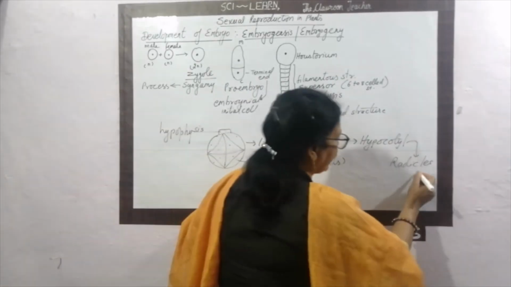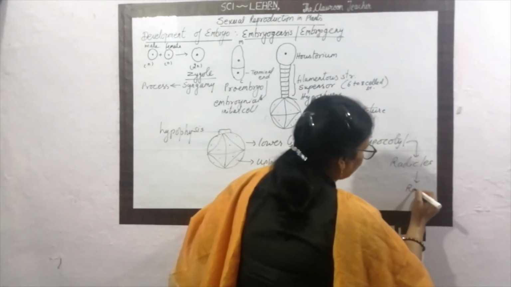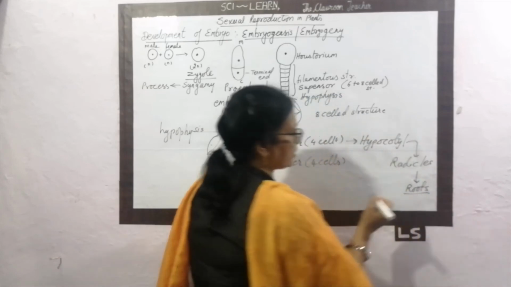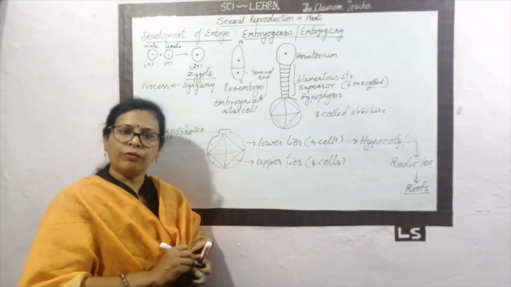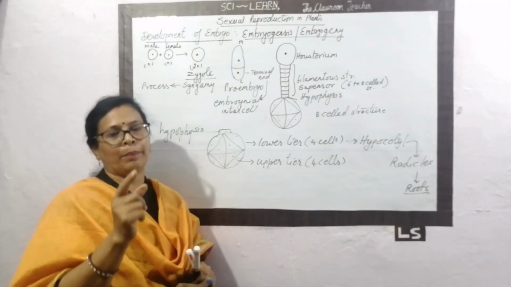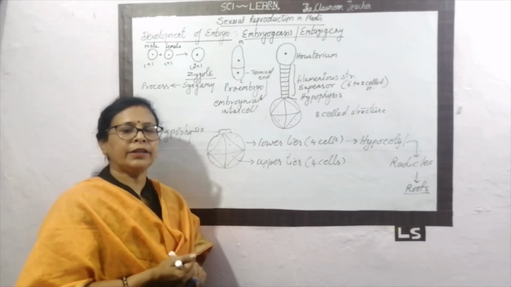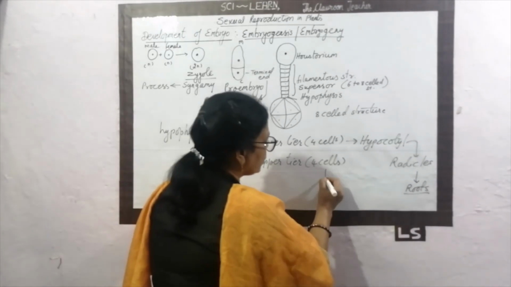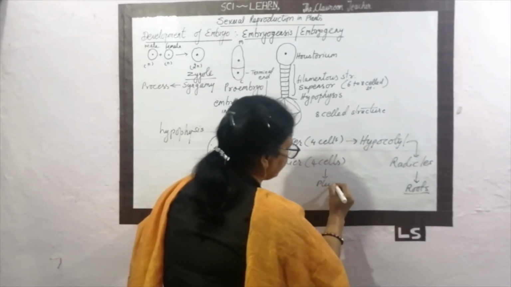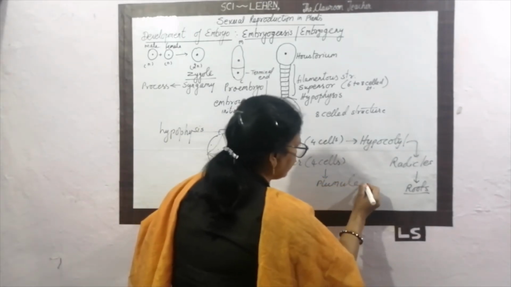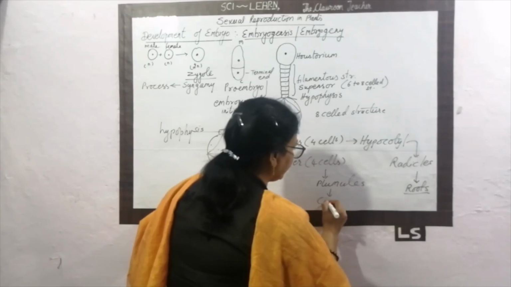This is the role of the lower tier. What is the role of the upper tier? The upper tier also has 4 cells and it is going to develop in future into the plumule and cotyledon.